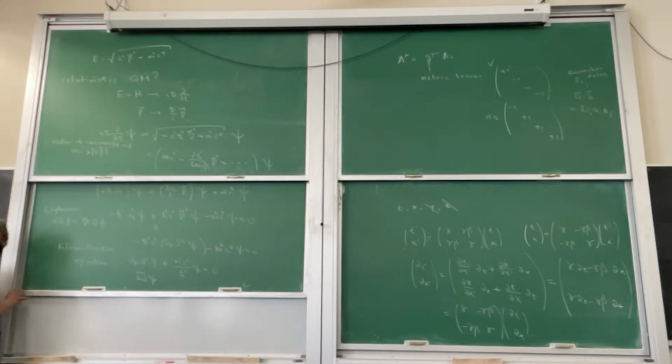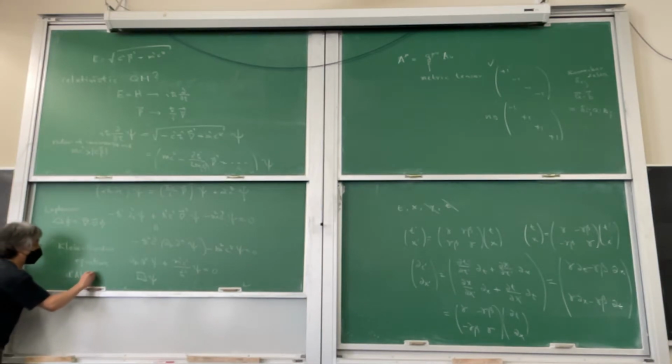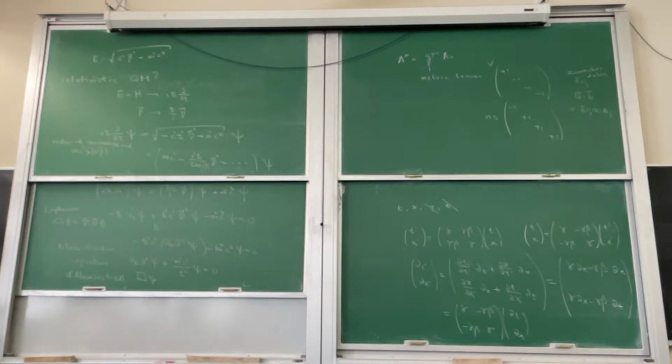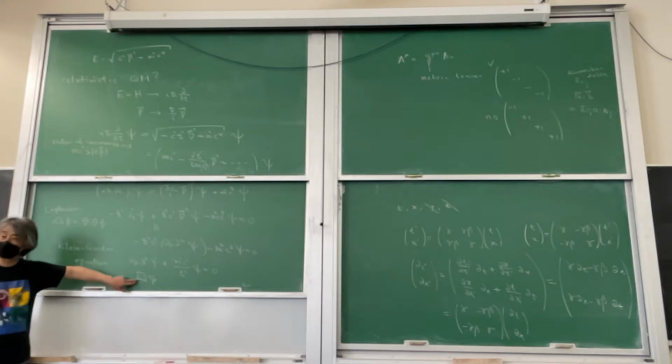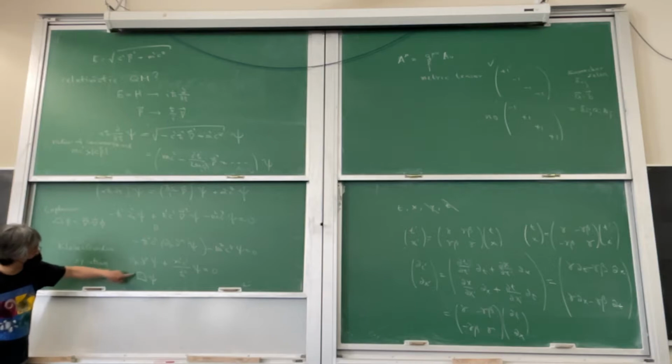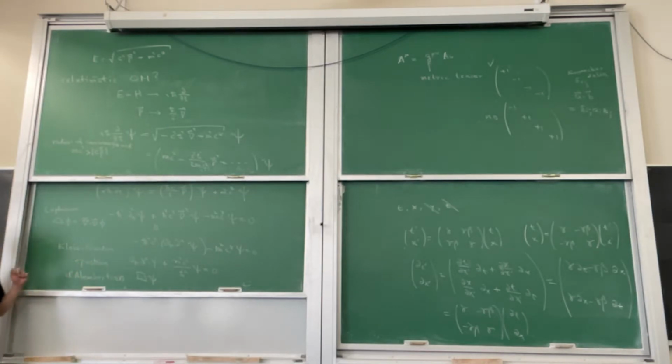And the name for this box is called d'Alembertian. Well, just the name, but this is a good way of remembering what this is supposed to mean. This is meant to be the 4-dimensional version of the Laplacian.